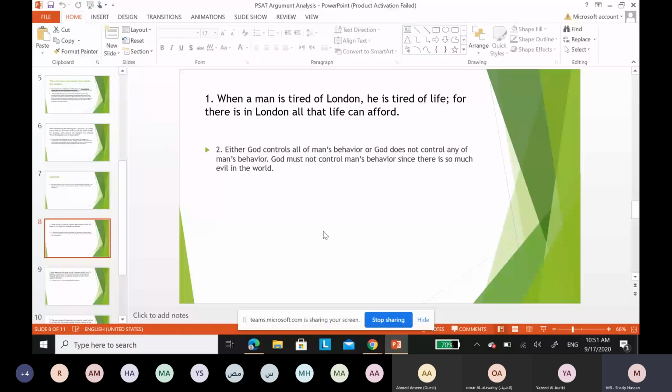But actually, when I see the conclusion here, I found it in between. It's in here. God does not control any of man's behavior.